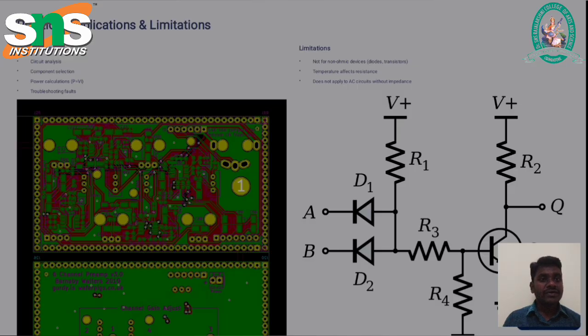Finally, it does not apply to AC circuits without impedance, because we use Ohm's law only for DC circuits. If you want to use Ohm's law in AC circuits, we have to introduce the impedance. These are some limitations of Ohm's law.